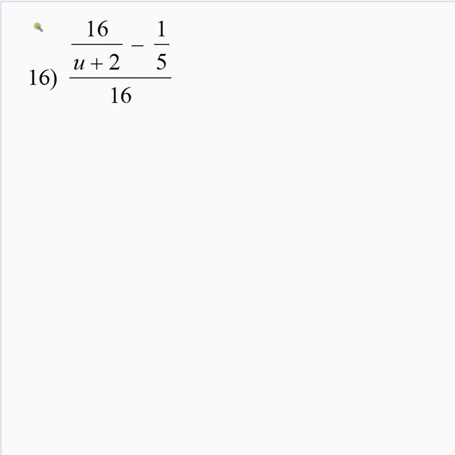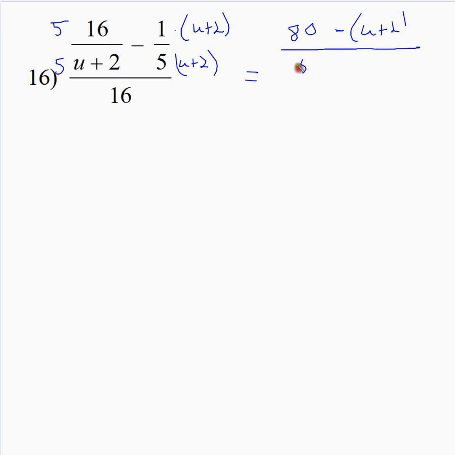So we'll multiply the top and bottom by 5 here on the left term, and we'll multiply the top and bottom of the other term by u plus 2. That gives us 80 minus 1 times u plus 2. Make sure you're careful about the minus. That negative will get distributed over 5 times u plus 2.